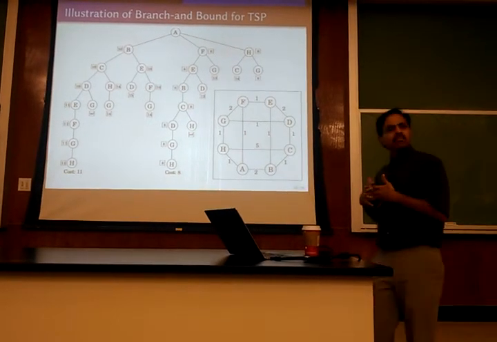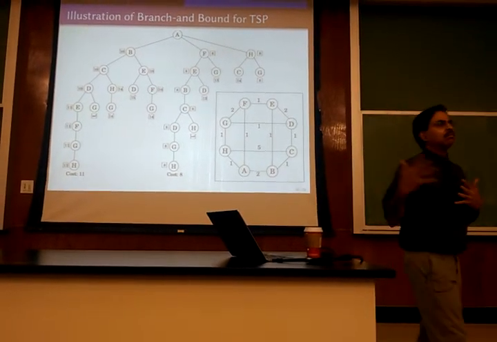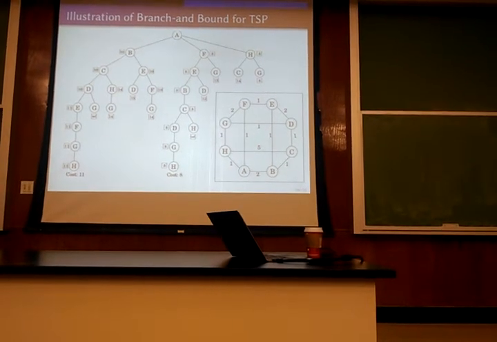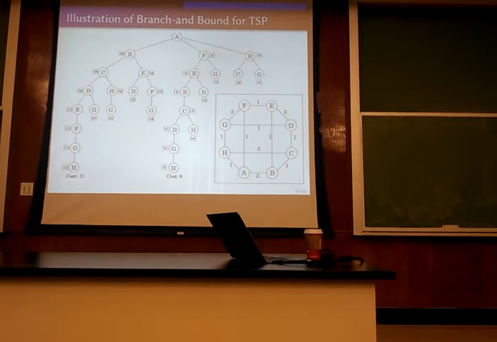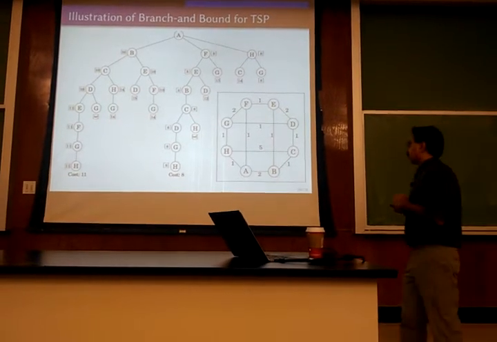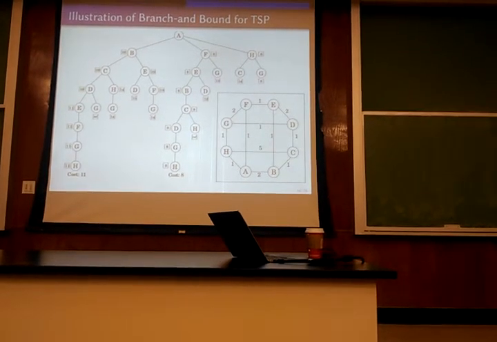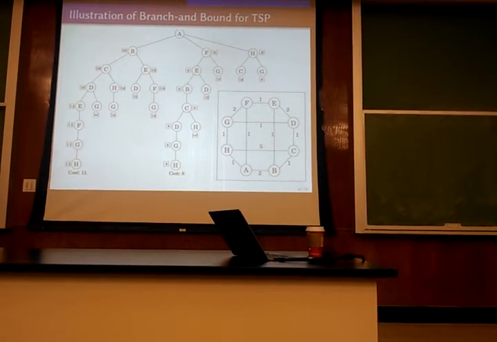And you can relax this even further by saying, I'm not even trying to find bounds. I'm just using some sort of heuristics to say whether I'm likely to find good solutions within a subtree or not.